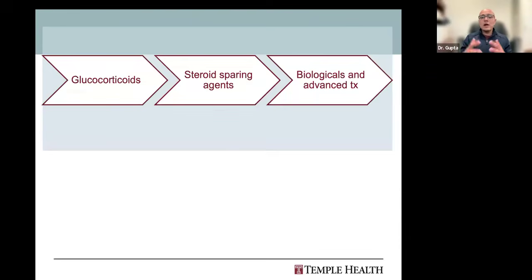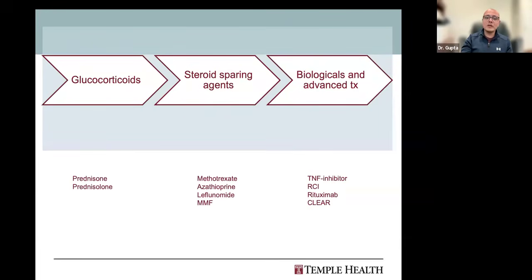So the schema remains the same: glucocorticoids, so prednisone and other medications, steroid-sparing agents like methotrexate, azathioprine, leflunomide, mycophenolate, or CellCept, and then biologicals, TNF inhibitors, repository corticotropin injection, and rituximab. Essentially, clear therapy. It's more research-based stuff. We can leave that alone.